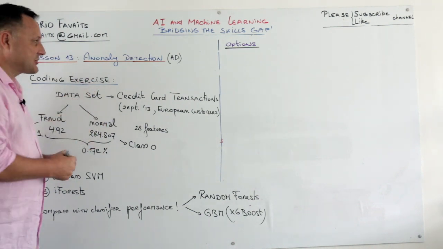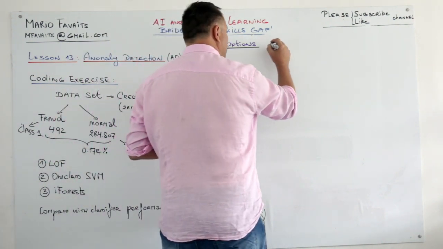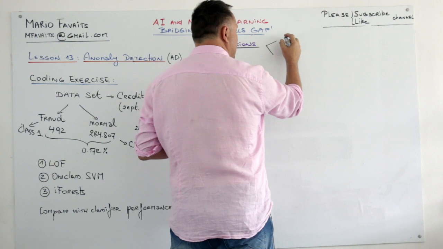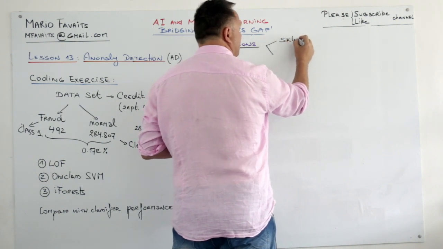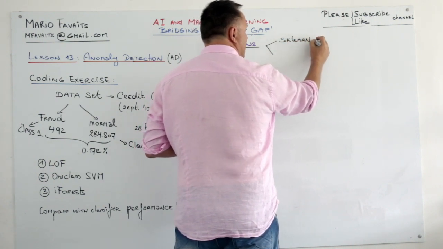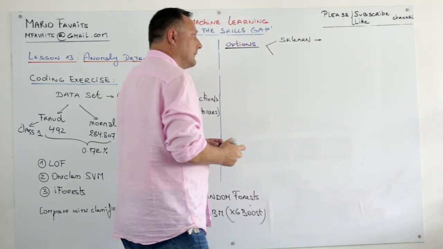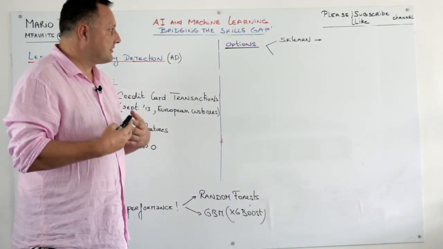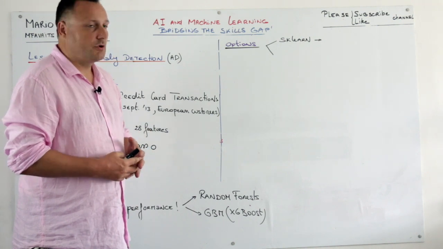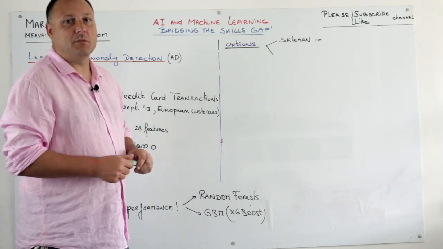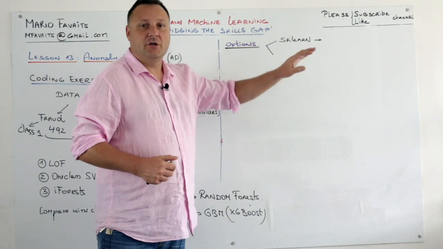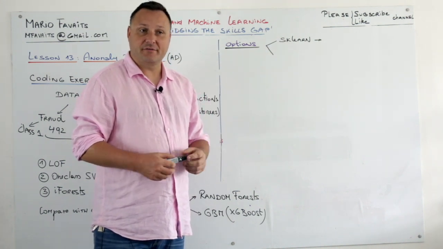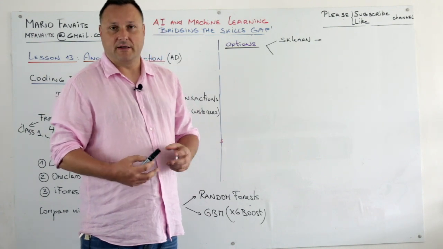Now there's a few options in terms of libraries on anomaly detection. One is sklearn. I had a lot of issues with that. There's a lot of code with respect to anomaly detection and sklearn, but the results that code gives is very puzzling.